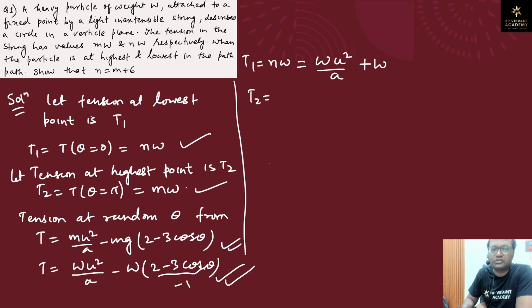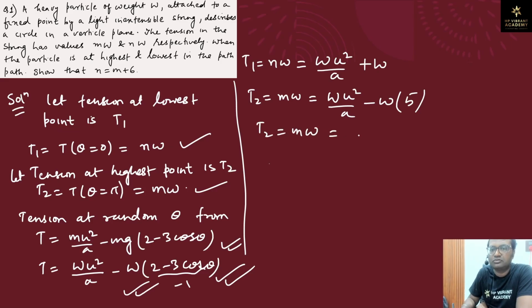Now T2 is equal to MW. Let us put theta is equal to pi in this particular expression. So this is W u square upon a minus W, and cos theta is equal to minus 1, so this is 5W. So T2 is equal to MW is equal to W u square upon a minus 5W.